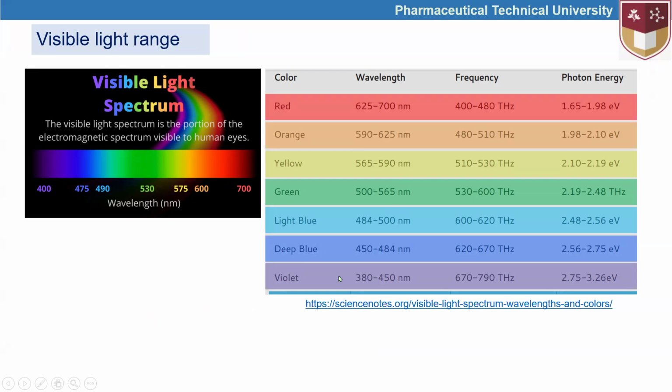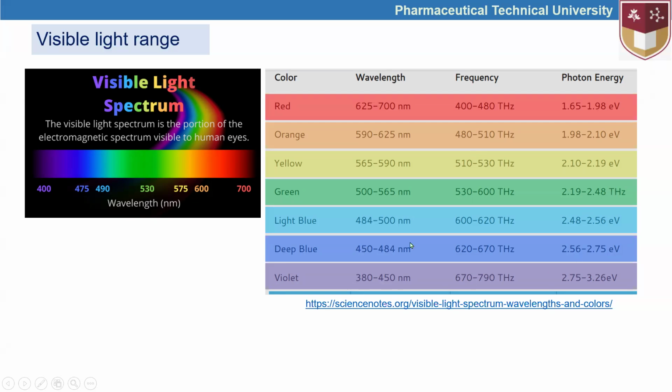Here we can see the linkage between the wavelength, frequency, and photon energy of different visible spectrum colors. Violet has the smallest wavelength, the highest frequency, and the highest photon energy.